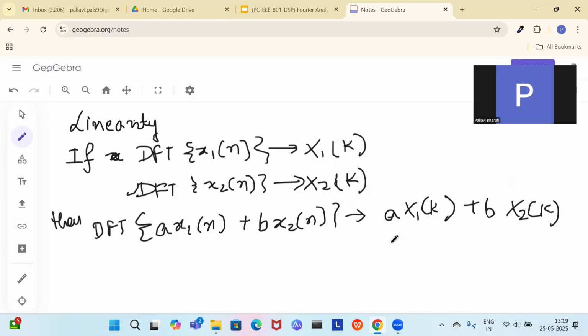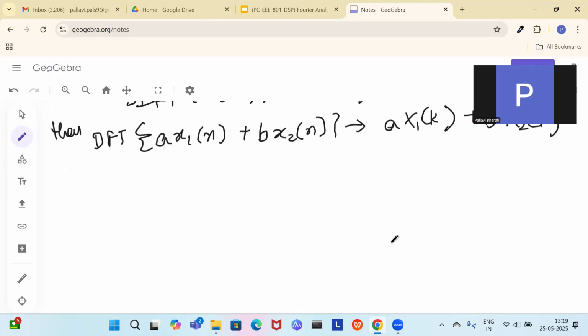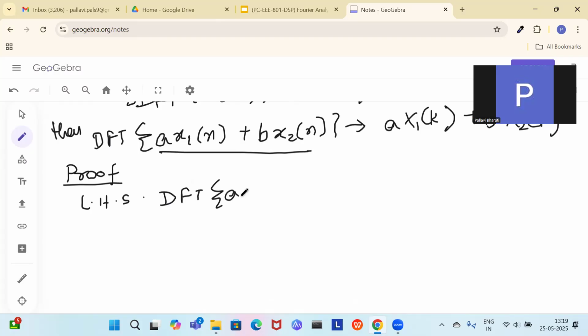Now, how to prove this? Very, very easy. Just go on with the LHS, your left hand side. So the proof is going to be this way. This is the DFT of this full portion, a x1(n) plus b x2(n). Write the formula for DFT over here.